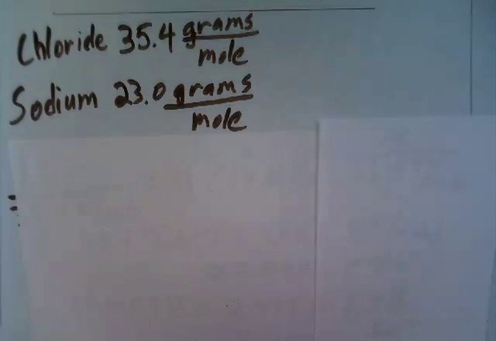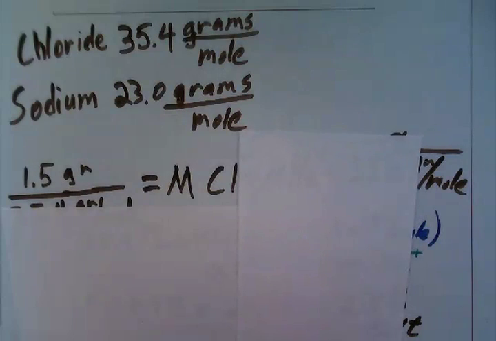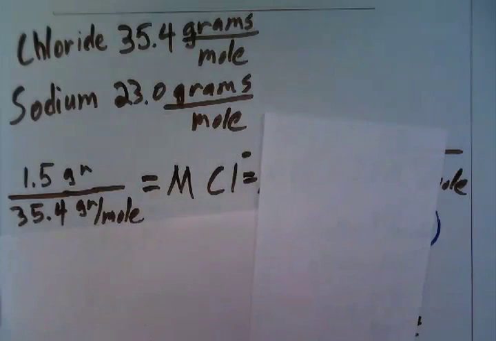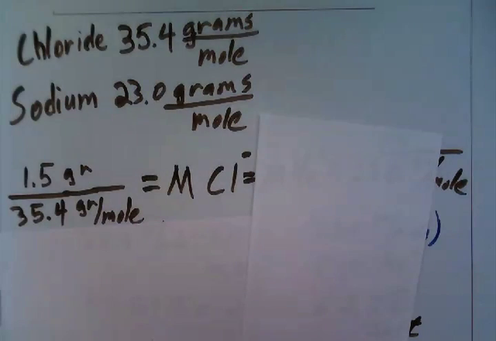So we have 1.5 grams of chloride. In order to find out how much sodium, we need to find out how many moles of chloride we have. And the calculation, of course, is grams divided by grams per mole. When I was a kid, I thought I was smart and figured all this out. Now I just do it so the units come out.